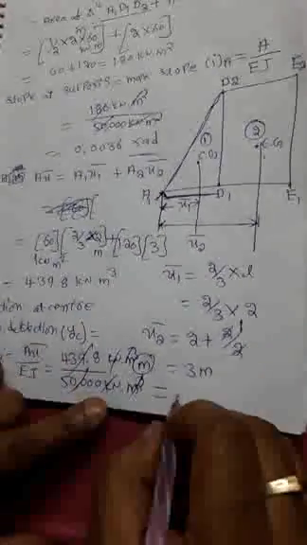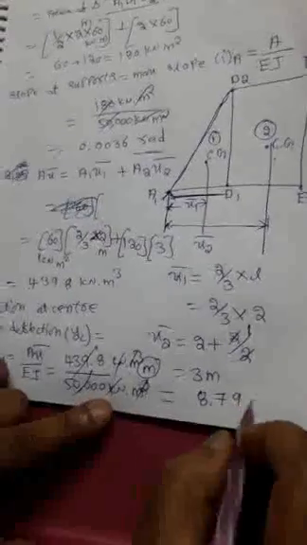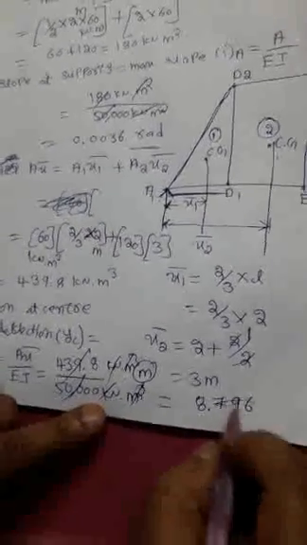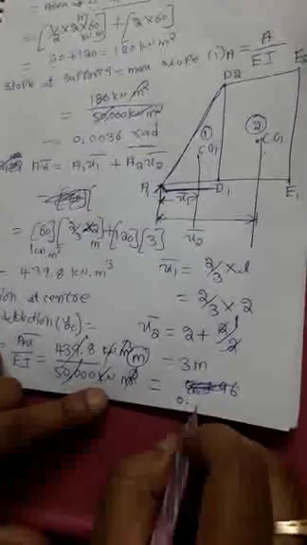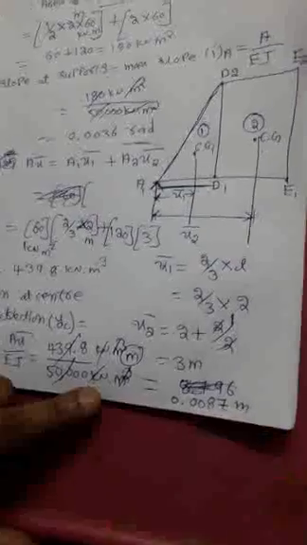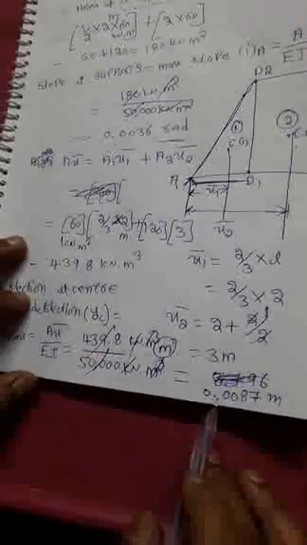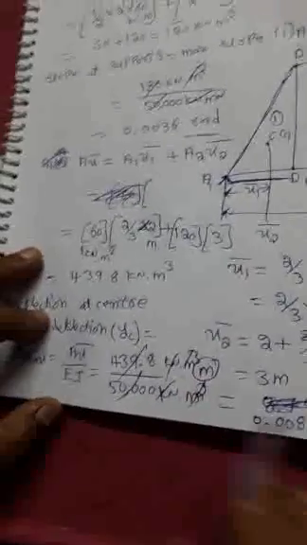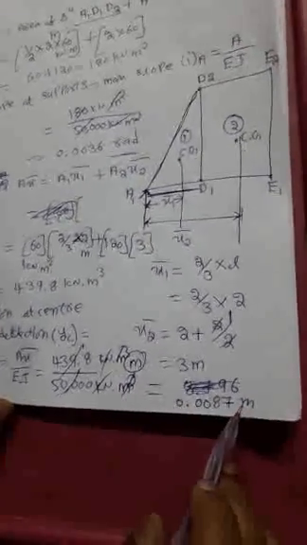So the answer is 0.0087 meters. Simplifying this equation, you get 0.0087 meters, because the remaining unit is meters.